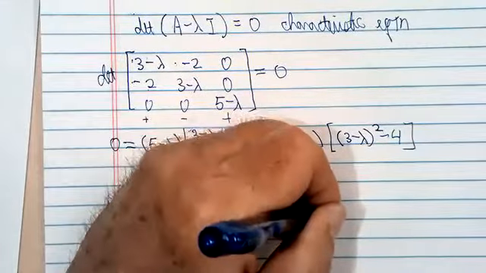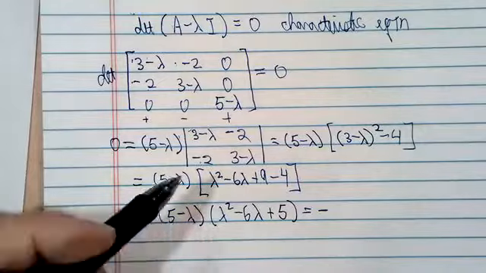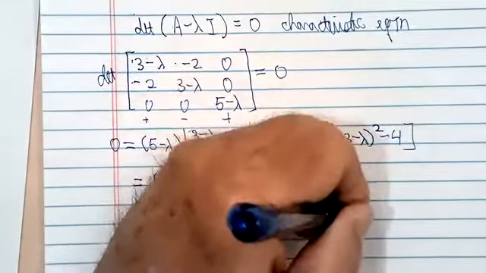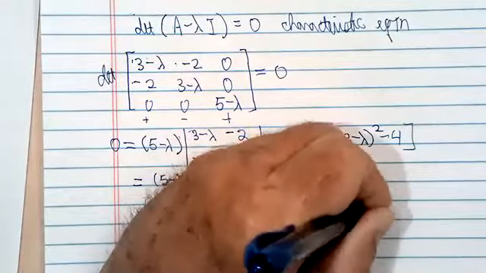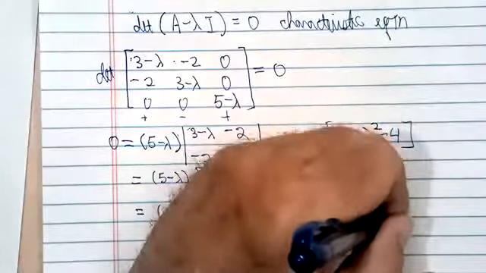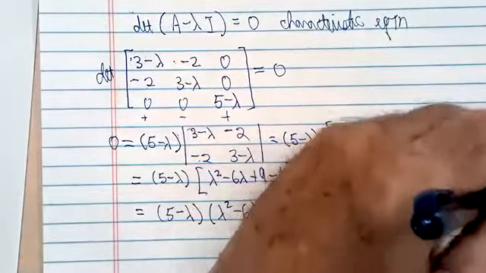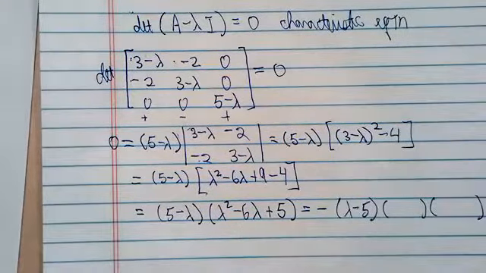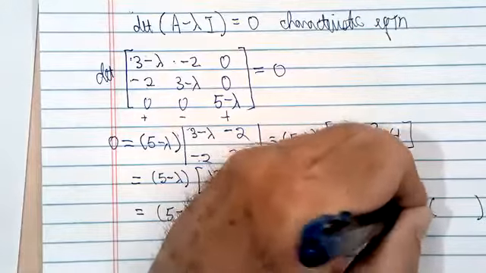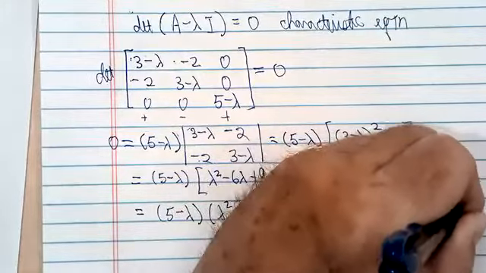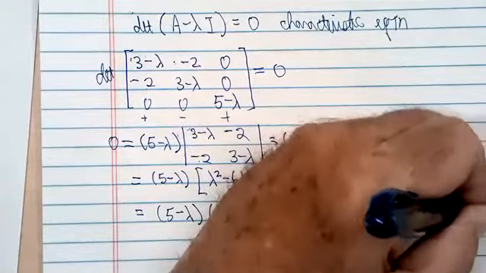I'm going to put a minus out here to make this look more familiar: minus lambda minus 5. And then this factors, and we set it equal to 0: lambda minus 5, lambda minus 1.